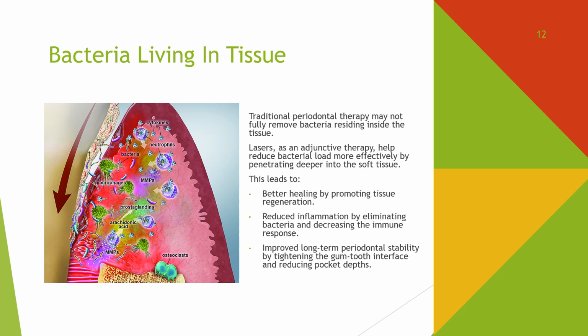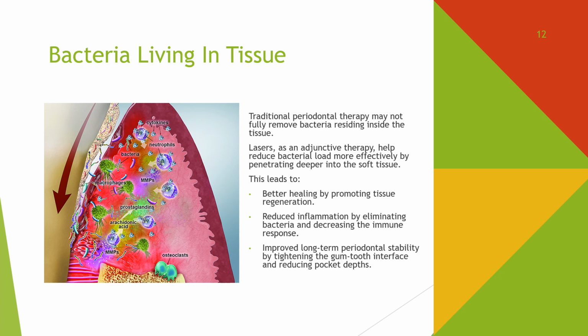So just a little on why we use the laser. It's basically bacteria living in the tissue. In traditional periodontal therapy, like gingival scaling or SRP, we usually remove everything that's on the tooth.